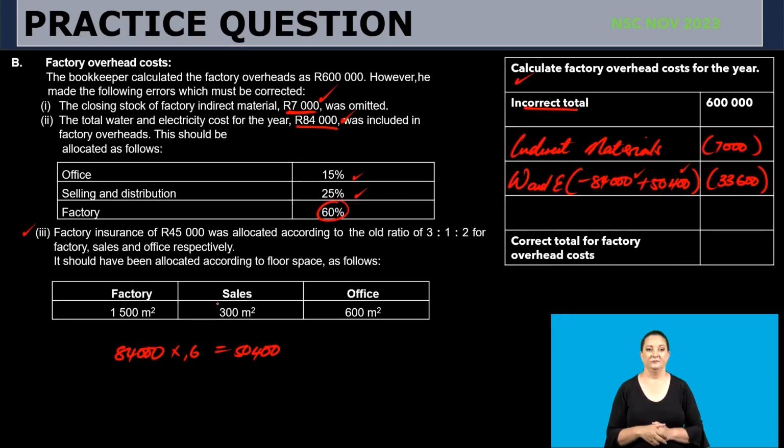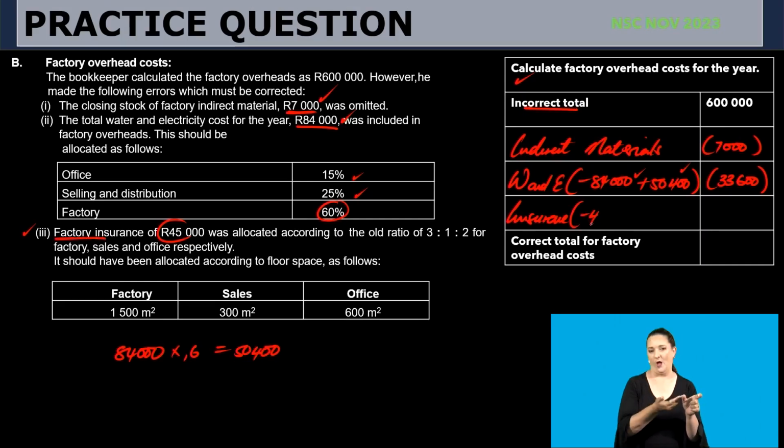So, we understand that factory insurance of 45 was allocated according to the old ratio. So, that means here, the amount we're given, the 45,000, is an amount that was in the factory. So, we are coming here and we're going to take it out. We take that one out. 45,000 minus from the factory.